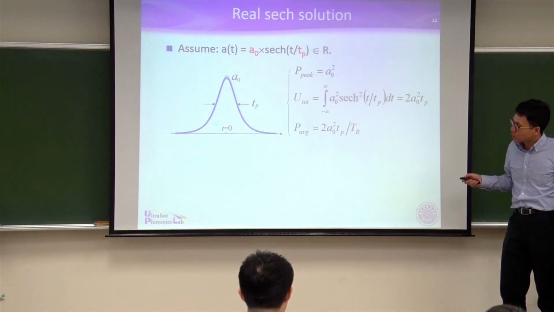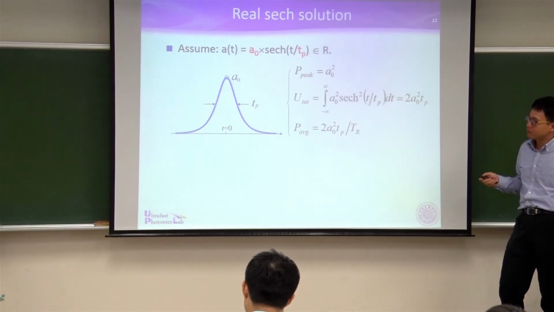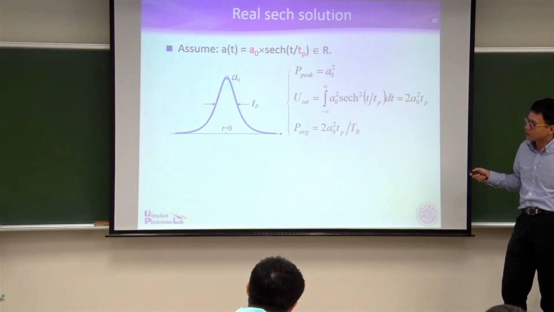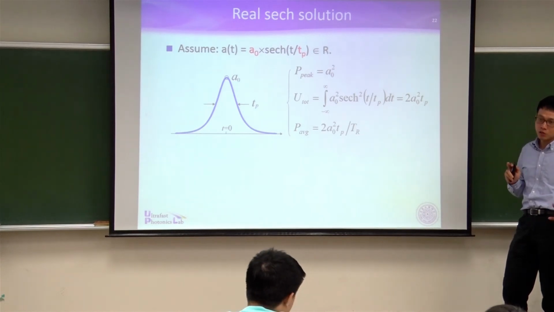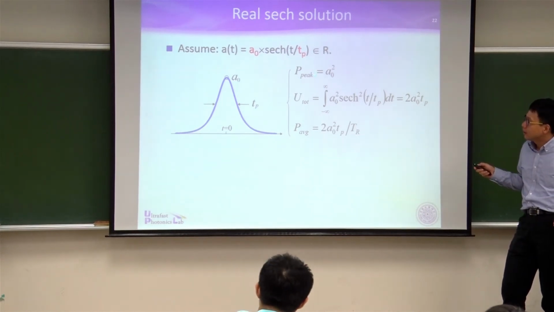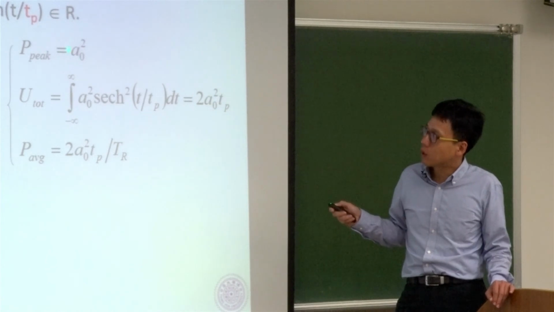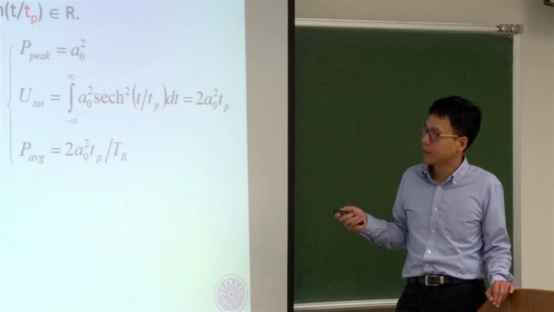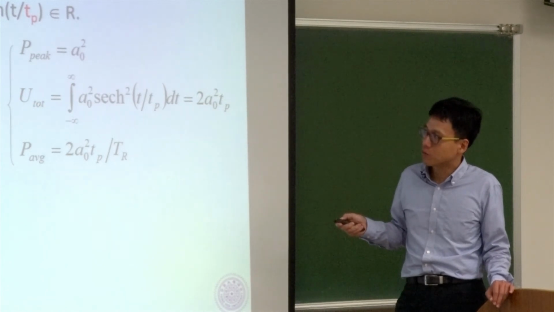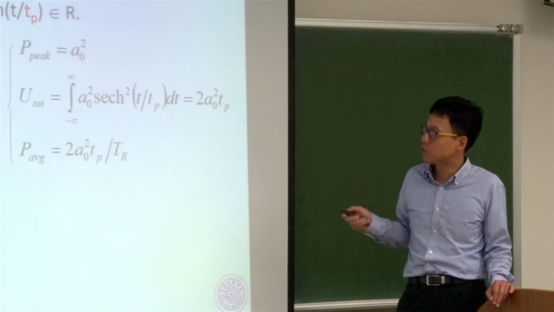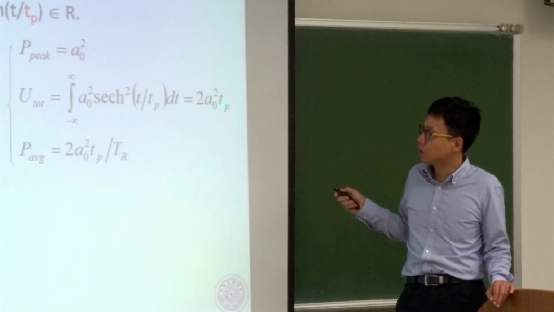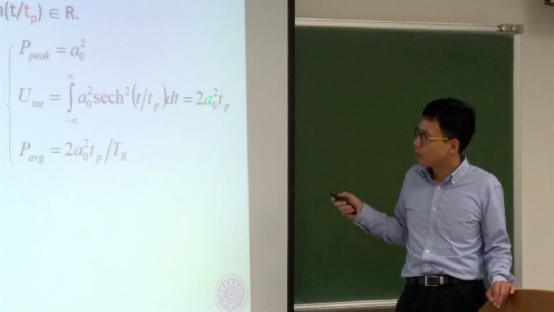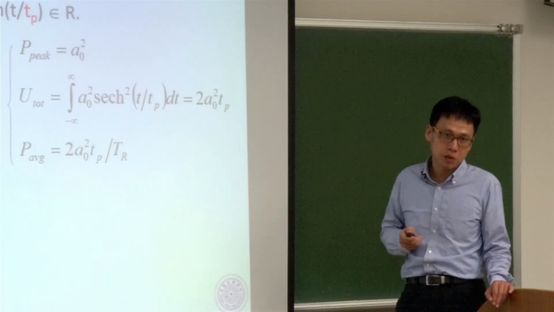So I plot this figure to show you the solution shape. Okay, 大概像长这个样子。It's not a Gaussian function. Okay, and the peak power is about A0 squared, the square of your amplitude. Okay, total pulse energy, meaning the area of this curve, is 2 A0 squared times Tp. It's about your peak power as well as your pulse width.